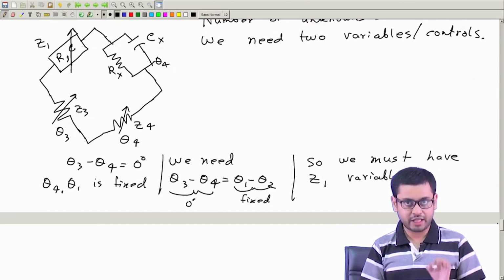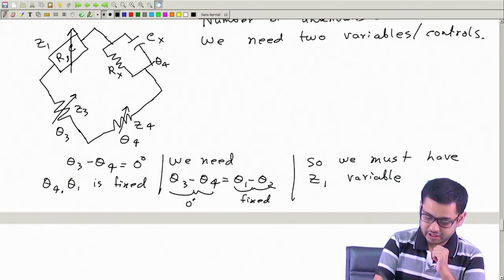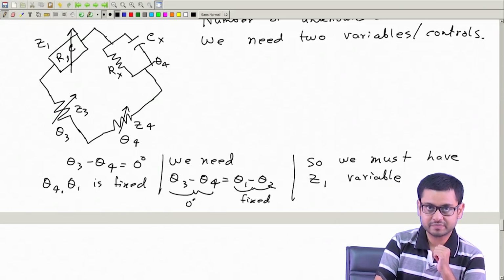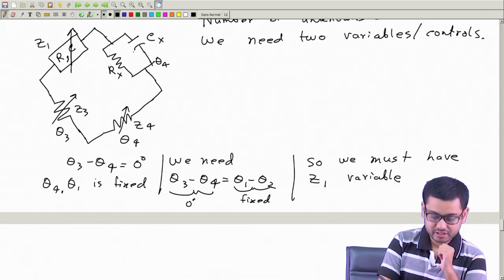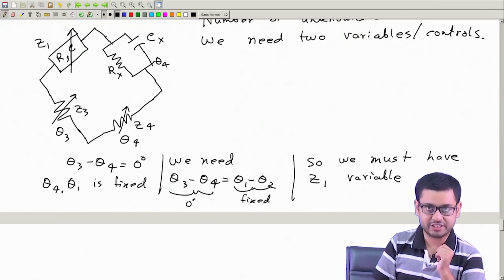And now the next important point is this. This capacitor is under a high voltage. We have to test this capacitor with a high voltage across it.